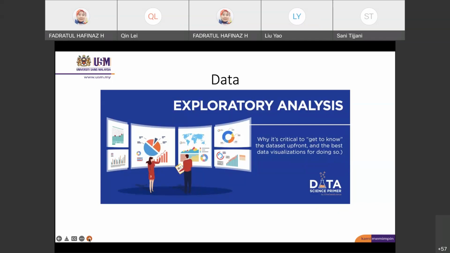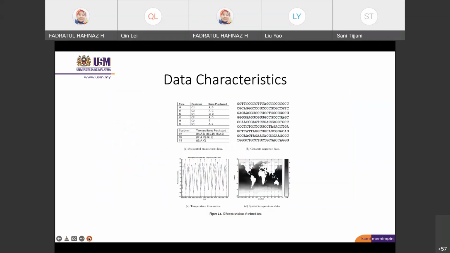So you need to explore the data, to understand your data thoroughly, right? You need to know the characteristics of the data.